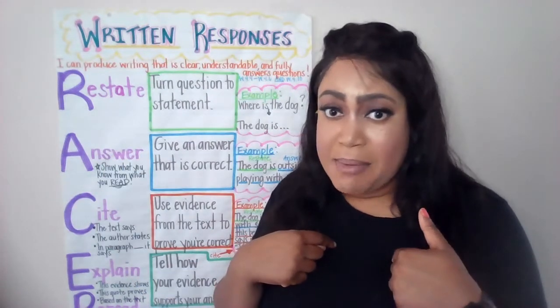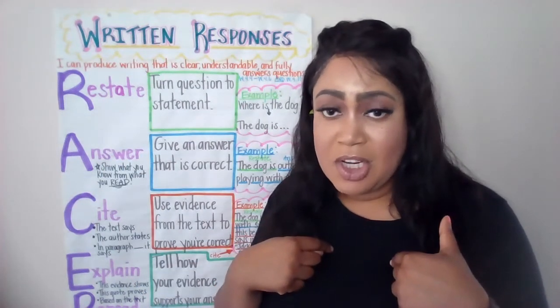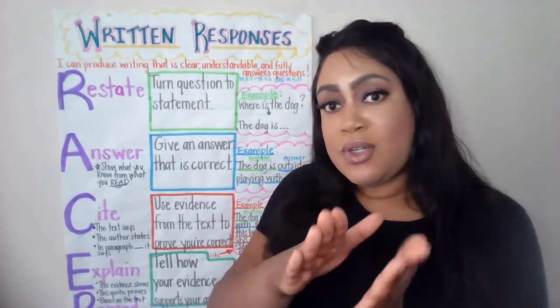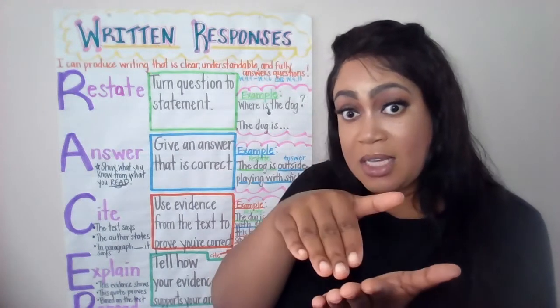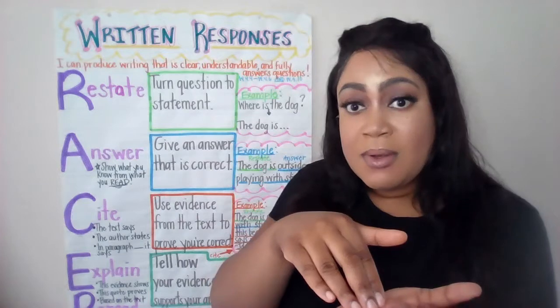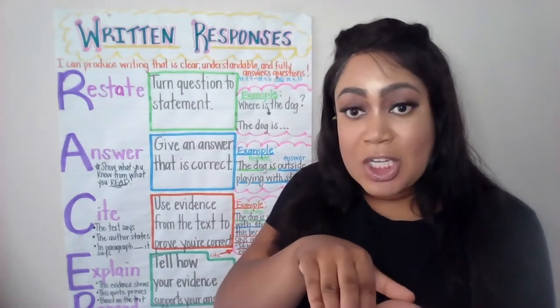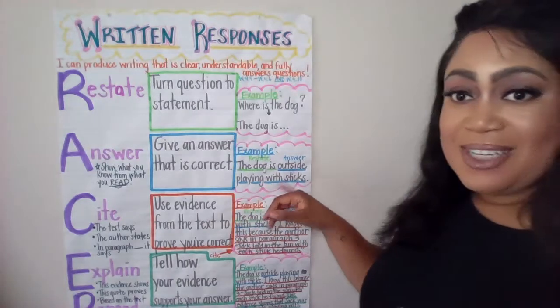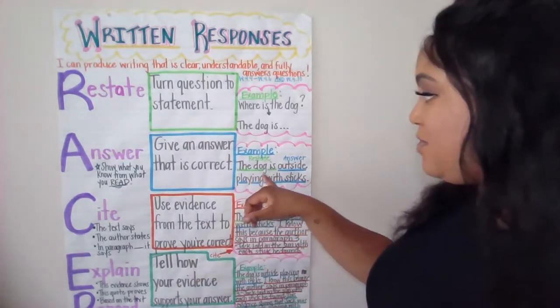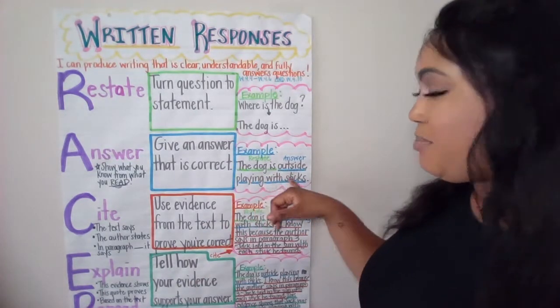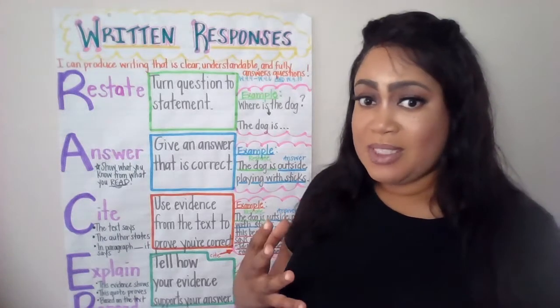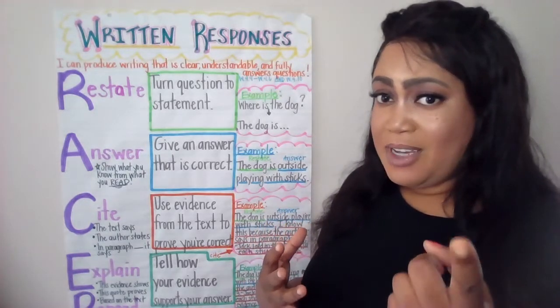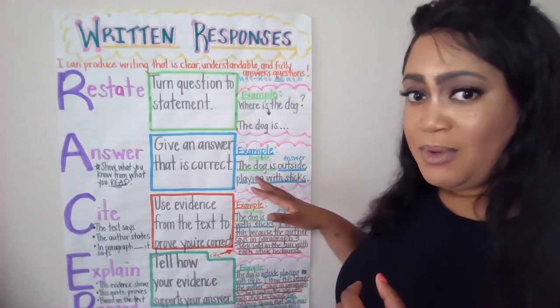Not just from the top of my head, because I could have made up that the dog is outside. I'm going to show you specifically in the text where I found the proof that I'm correct that the dog is outside. Okay. And I could have even been more specific in my answer. I could have not just said the dog is outside playing with sticks. Can you think how I could have been more specific with my answer?